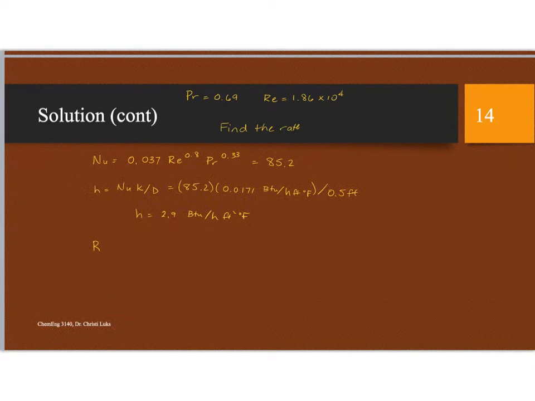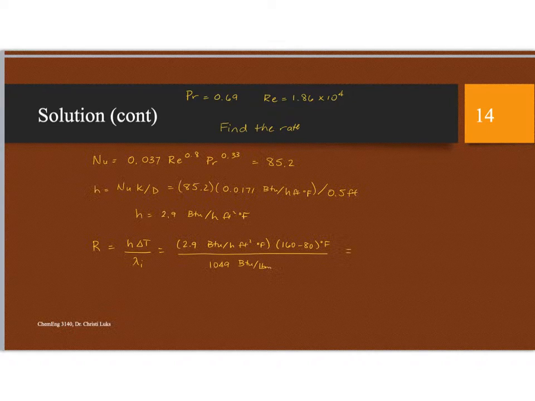Next I'll use this to calculate the rate: the heat transfer, h delta T, is equal to the drying rate times the heat of vaporization. So I can divide h delta T by the heat of vaporization.